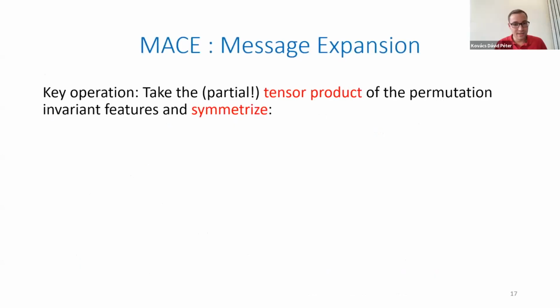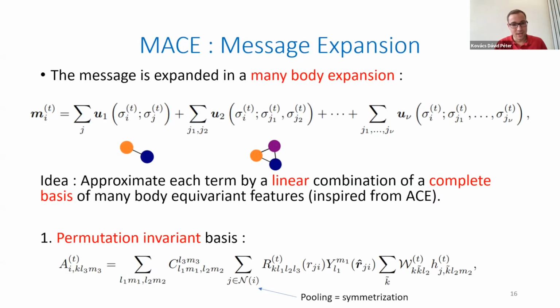And sorry, maybe just Ilias, just to remark on the C, because basically what you have here, H to the t, j, k, l, m2, is the feature on your neighbor atom. And that feature is actually a vector feature, so it can be in different spherical harmonic representations.